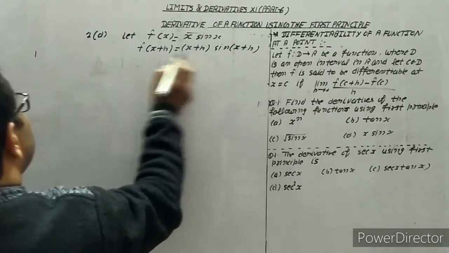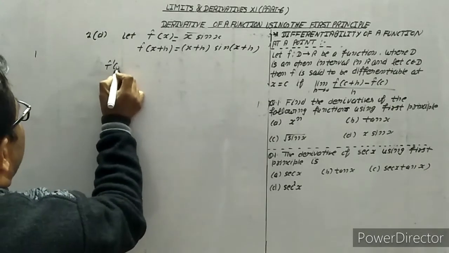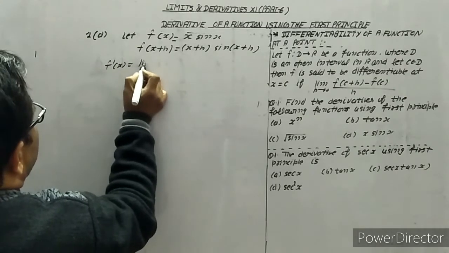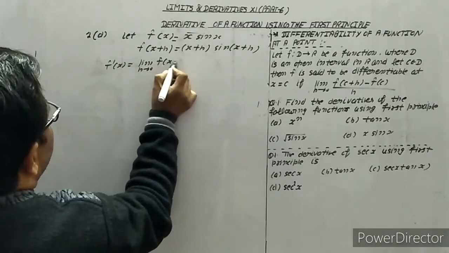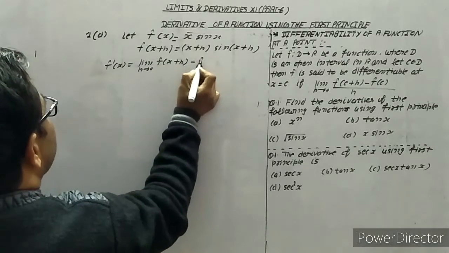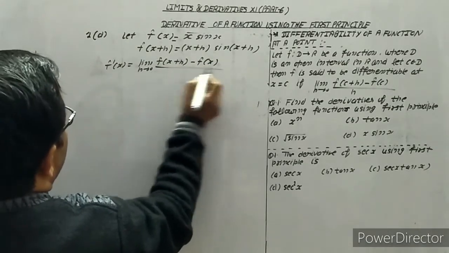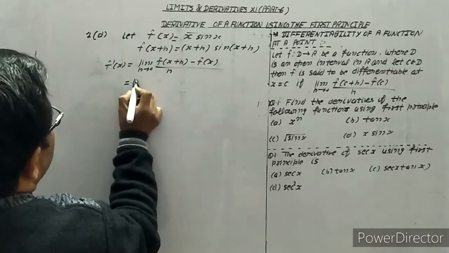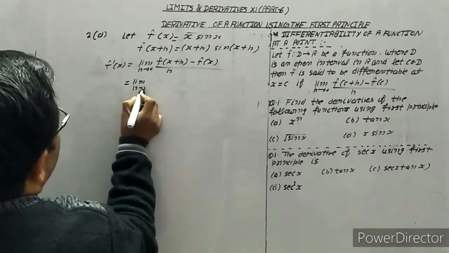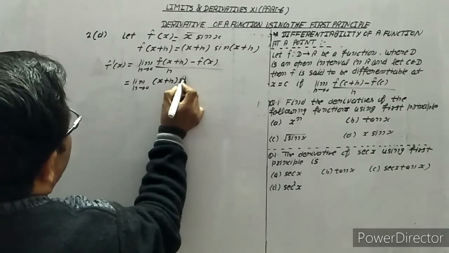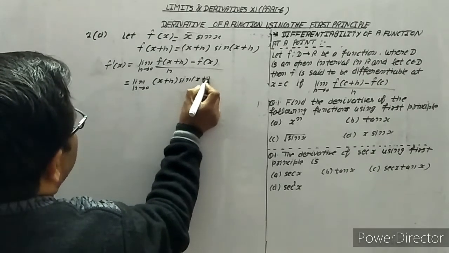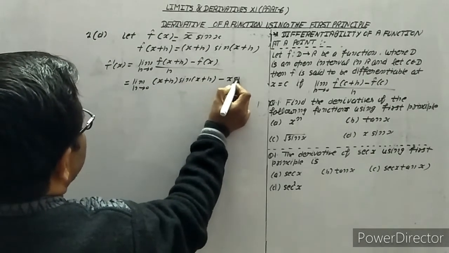Now using the first principle, we know very well f'(x) is equal to limit h tends to 0 of f(x+h) minus f(x) upon h. This becomes (x+h) sin(x+h) minus x sin x.